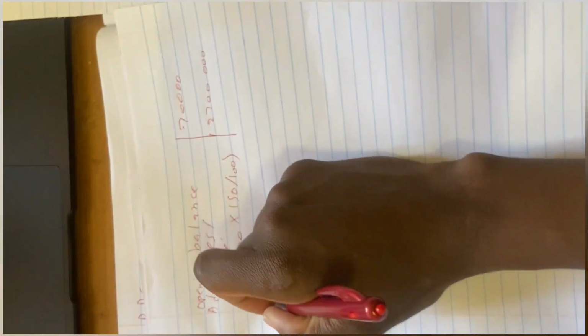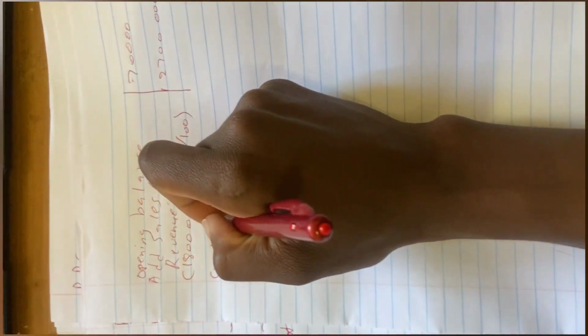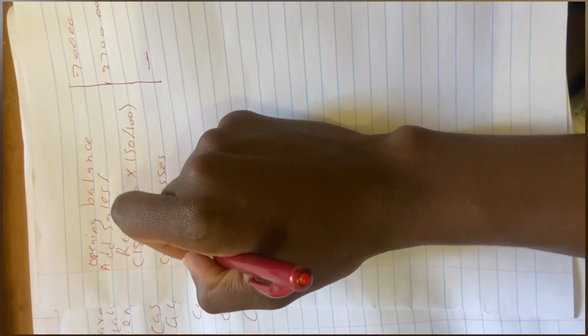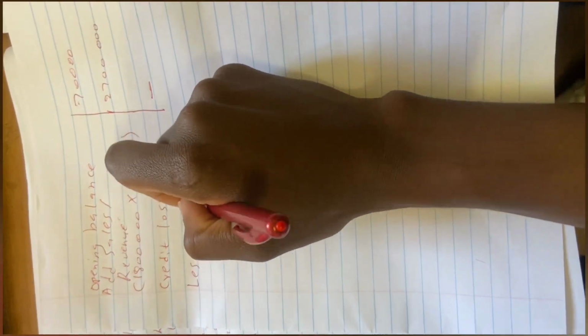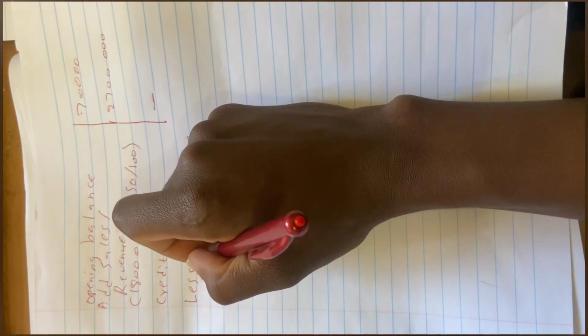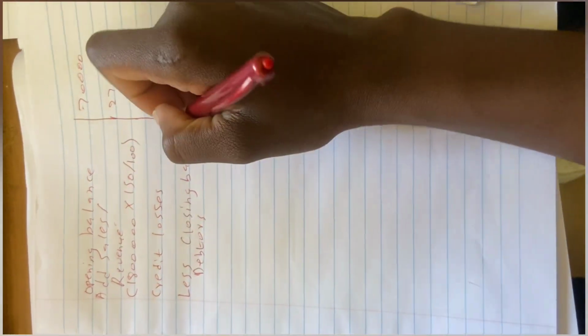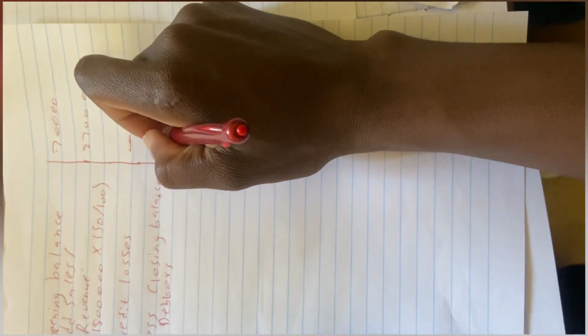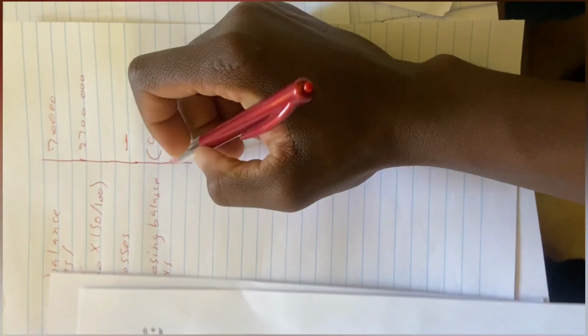After that, we check if we have credit losses, but according to our question paper, it's not there, which means it's a dash. And then again, we subtract the closing balance of our debtors. If it's not debtors, it's gonna be trade and other receivables. There it is. We subtract 95,000.